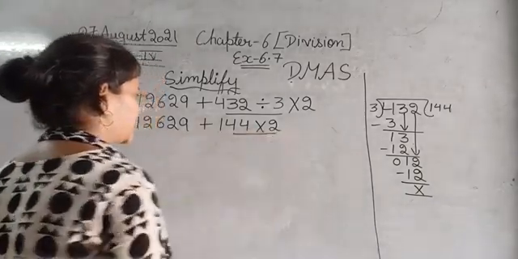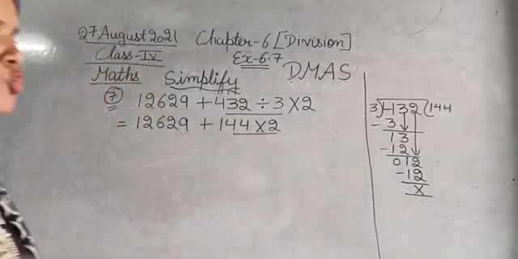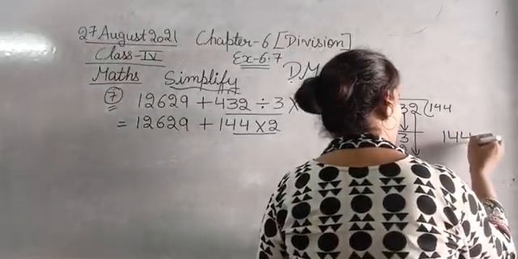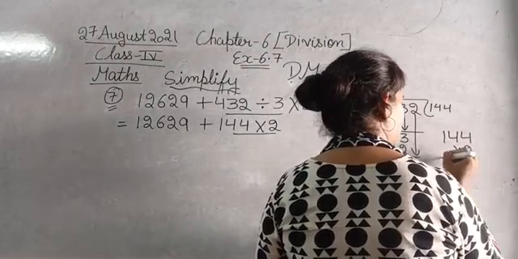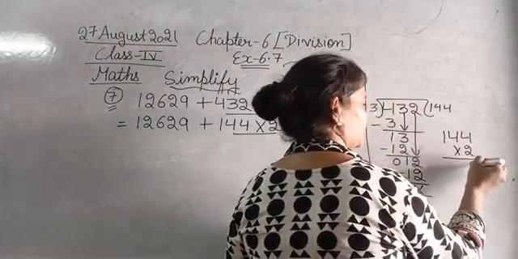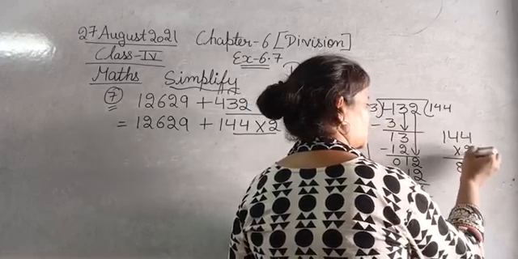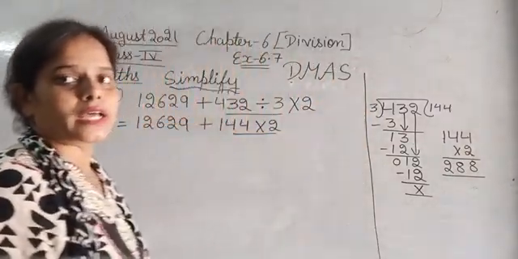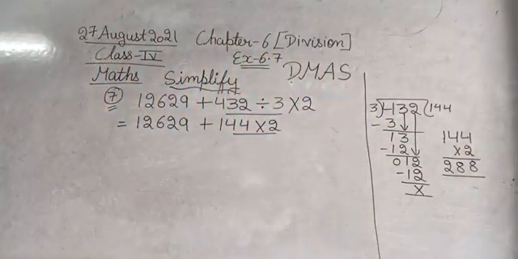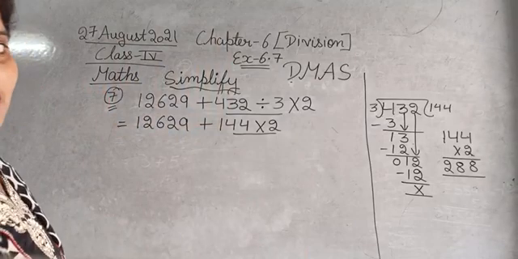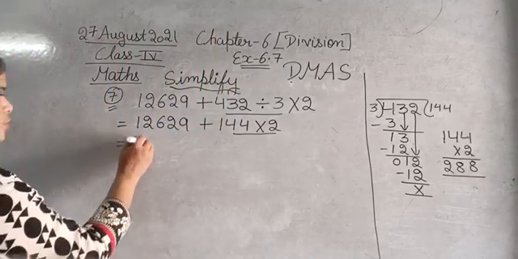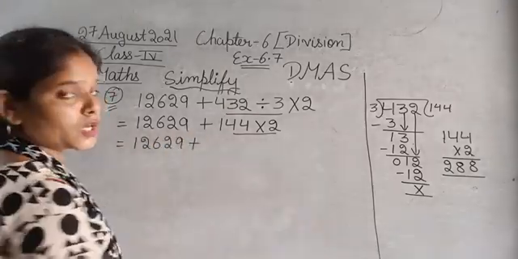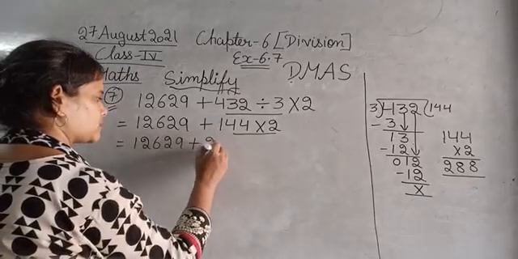So now we will multiply this 144 into 2. 144 multiplied by 2. 2 fours are 8. 2 ones are 2. This is 288. So 144 into 2 is 288. So 12,629 plus 288.